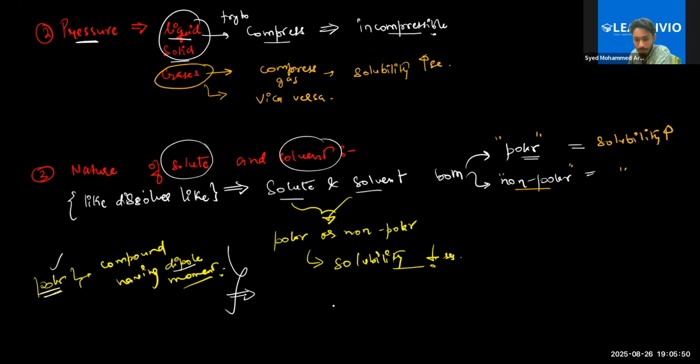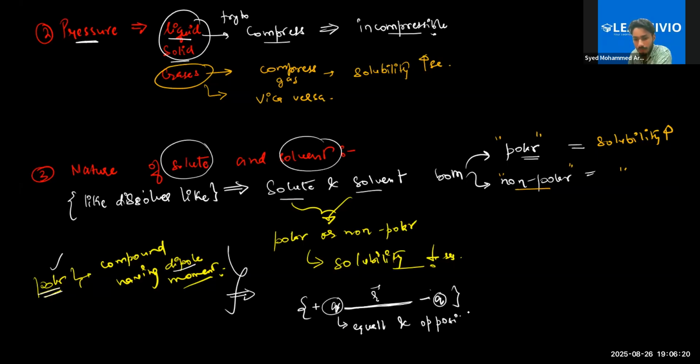For example, I have a charge plus q and minus q, and this comes under the physics part. The charges plus q and minus q are separated by a distance r.